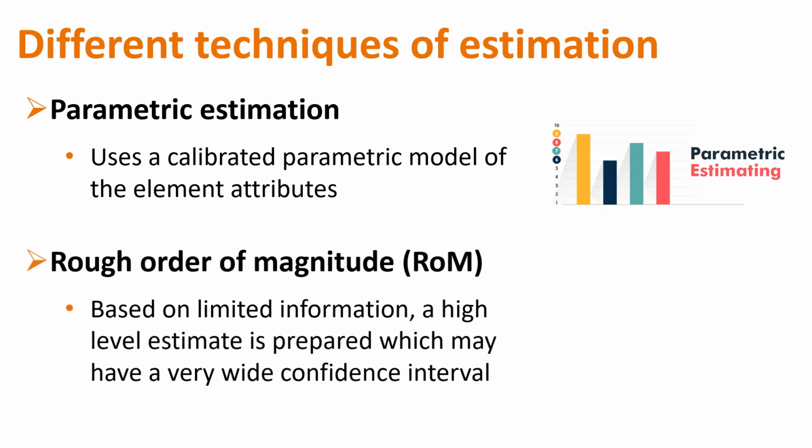Okay, rough order of magnitude. This is kind of like that top-down stuff that I talked about. This is when that person goes out there, really doesn't necessarily have a lot of history that he's going off of, no real expertise, but just says, well, based on what I know, this is what I'm guessing.